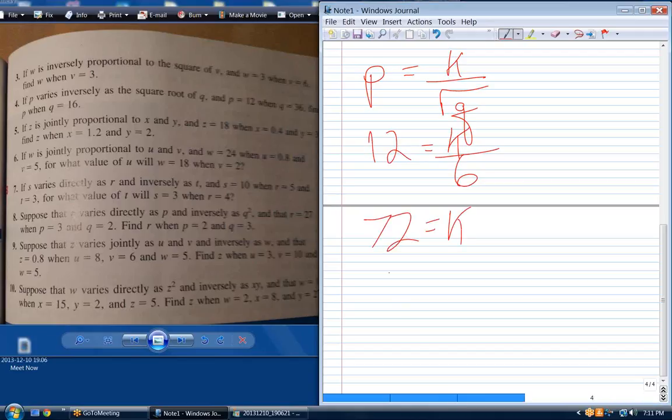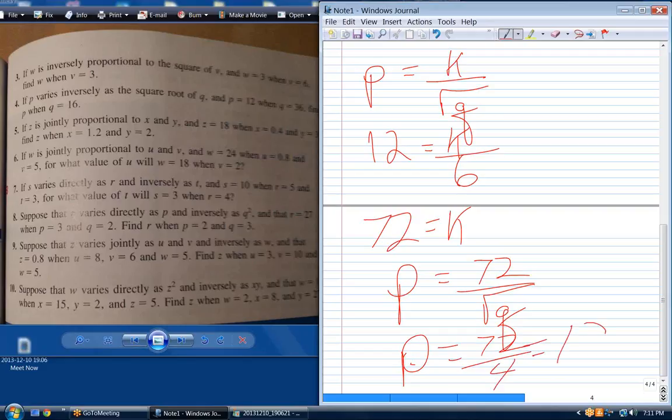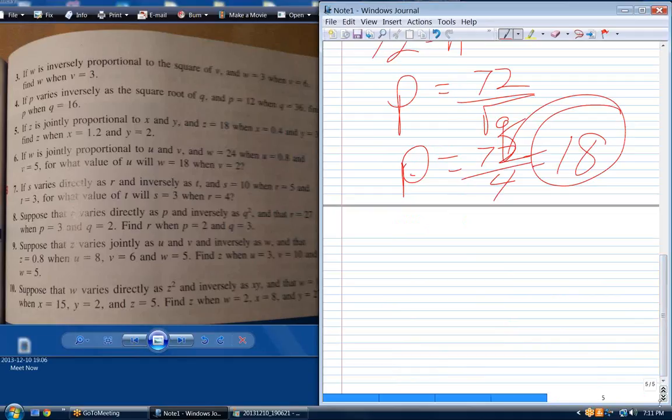My specific equation is what? P equals 72 divided by the square root of Q. So what is P when Q is 16? P equals 72 divided by 4, which is 18. Next one.